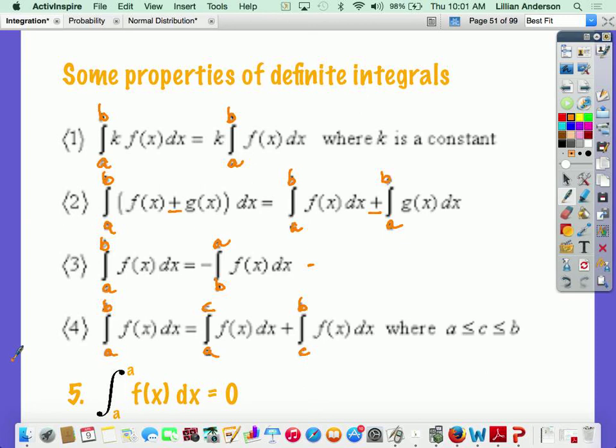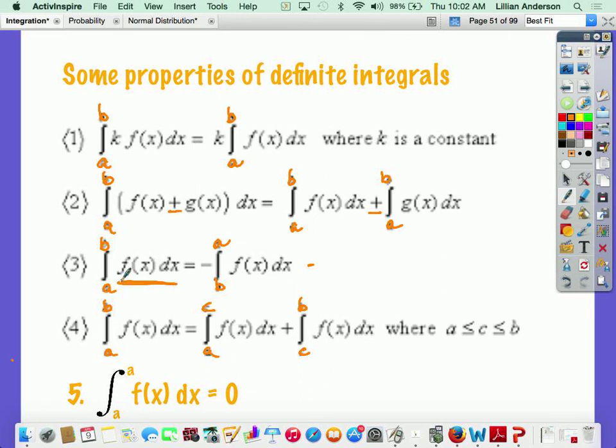So if the bounds get flipped, whatever this equals becomes negative. Number 4 was what we just went over: if it crosses the x-axis, then you have to split it up. And number 5, if it's being evaluated to the same point, there's no area underneath the curve because it's just at that point. So that's why it equals 0.